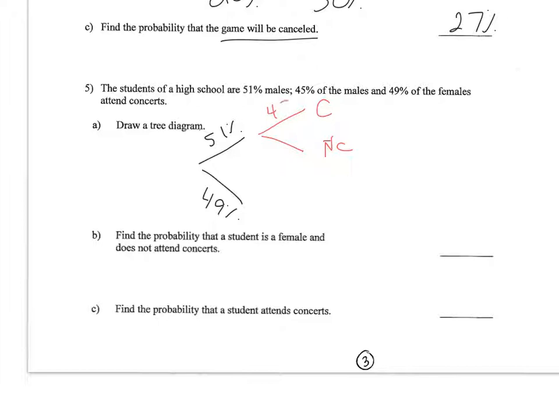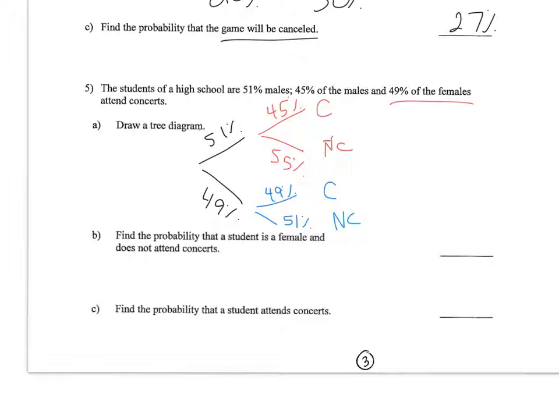So 45% of these go to concerts, and 55% of these don't go to concerts. 49% of the females attend concerts, so that means that 51% of the females don't attend concerts.